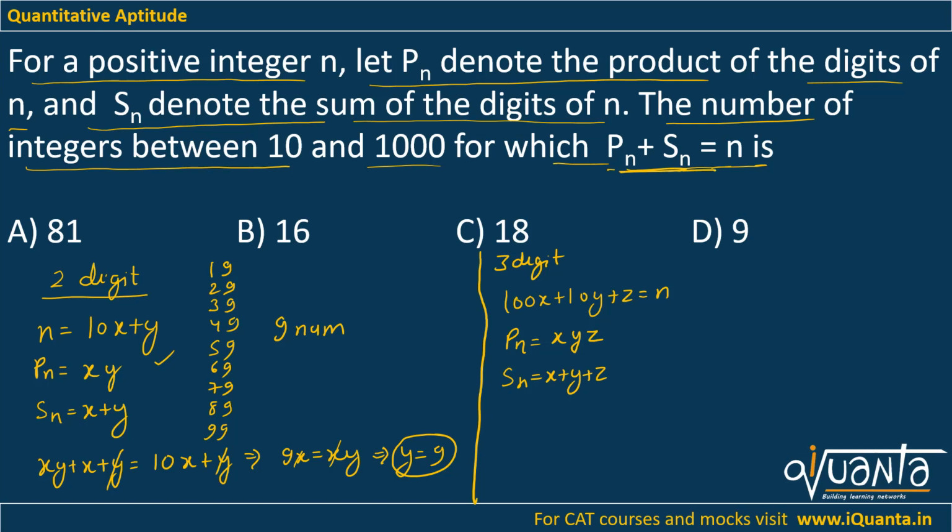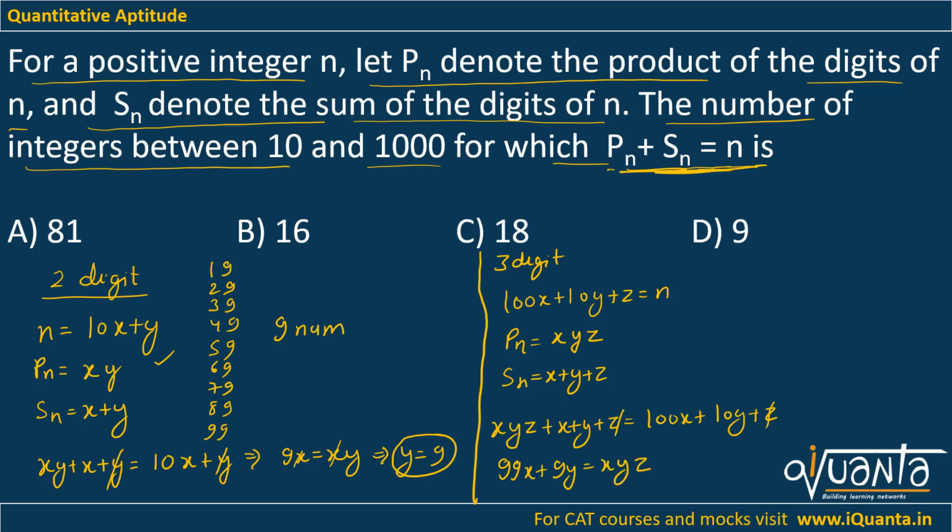If we try Pn plus Sn equal to n for a 3 digit number, we'll get xyz plus x plus y plus z equal to 100x plus 10y plus z. So z will be cancelled. We'll get 99x plus 9y equals xyz.